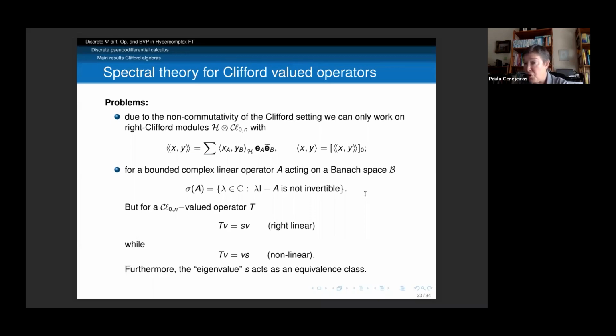Actually, if you also want to study positiveness of matrices, for instance, you need to enter this condition, but the determinant of this matrix has to be considered with this pseudo inner product that you have here. But that is not the only difference that you have because of the lack of commutativity.